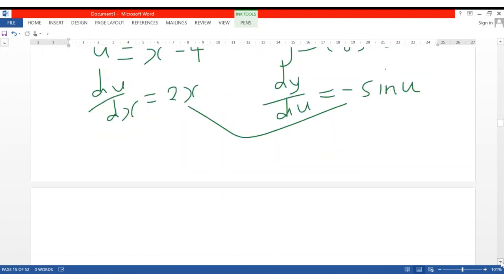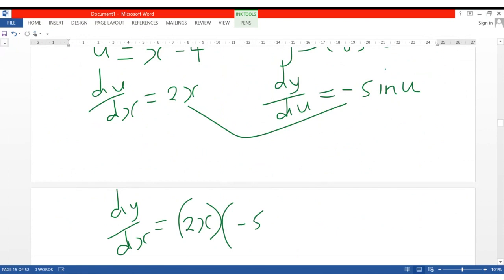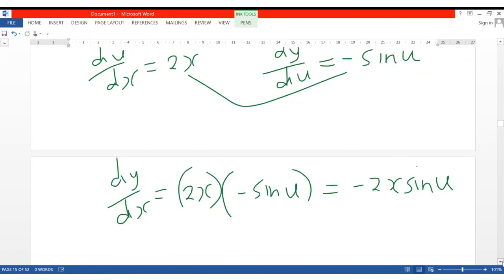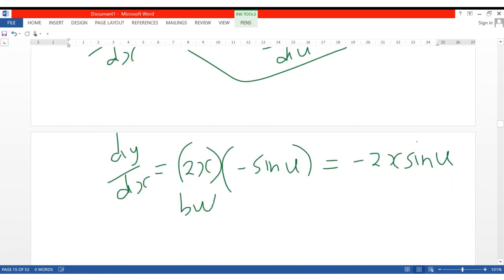I'll end up with dy all over dx given by 2x. Then I multiply by minus sin u, which will give me minus 2x sin u. Always the negative always begins. But u was x squared minus 4.